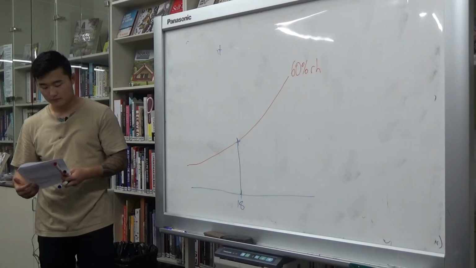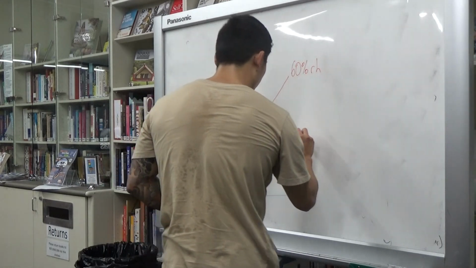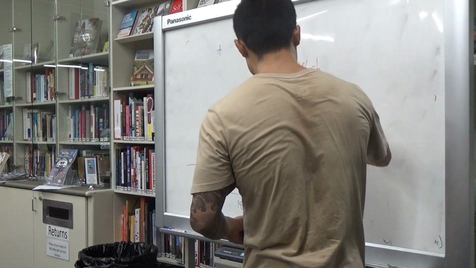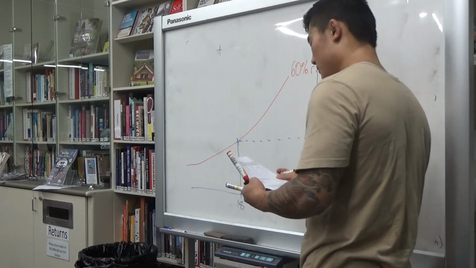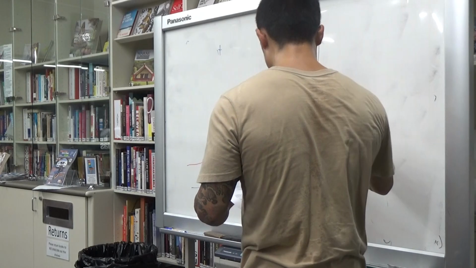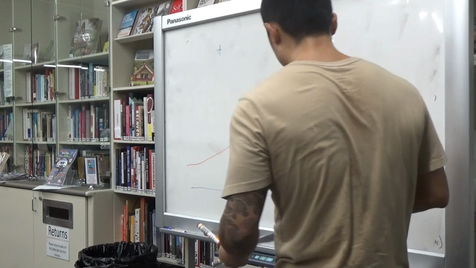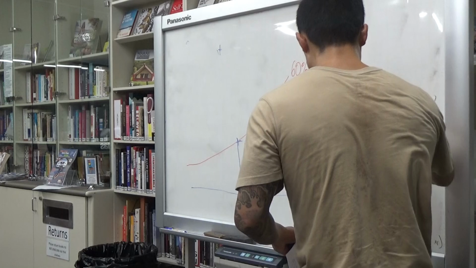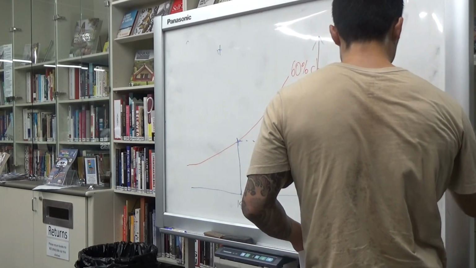And so if you follow that across horizontally to the right, you're going to find this is the initial moisture content. So moisture content, and that's going to be 8 grams per kilogram. So this is your initial moisture content.